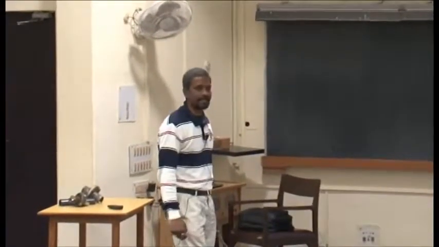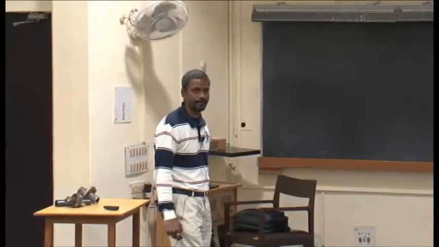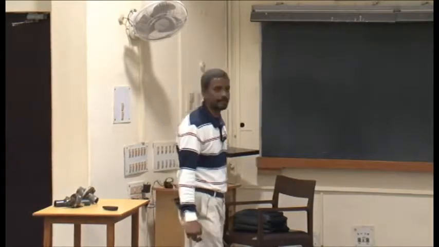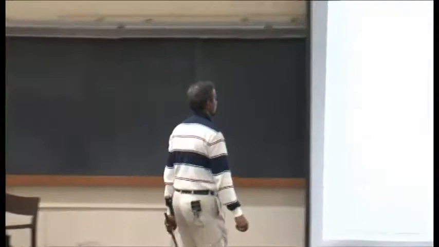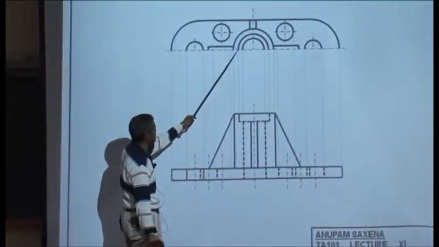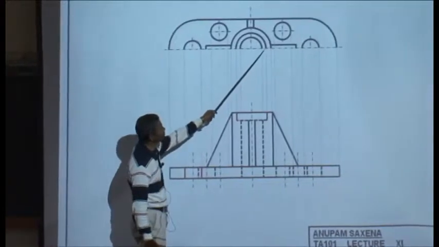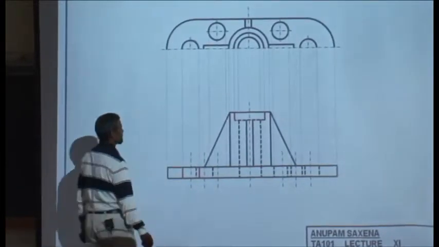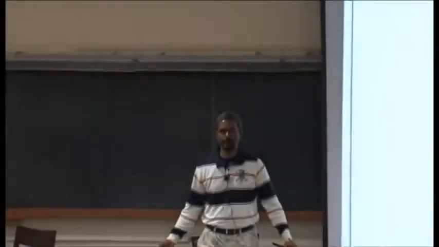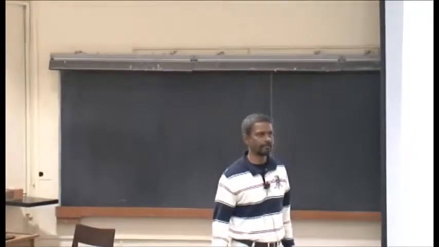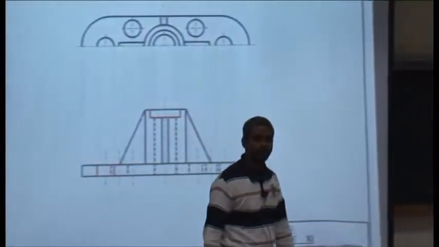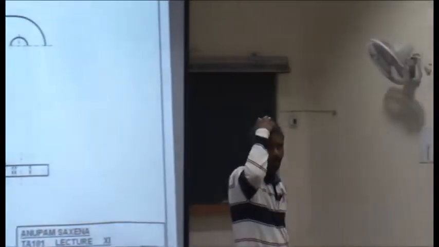Do I see this line as a solid line? Yes? This thing is cut. Do I see this line? This thing is cut. Do I see this line? Yes or no?